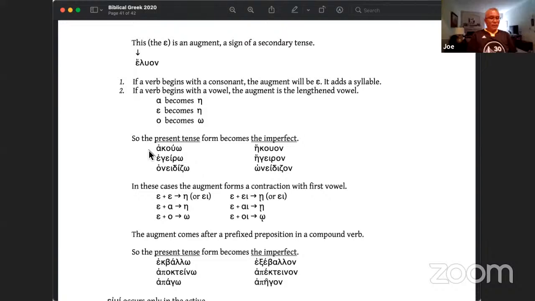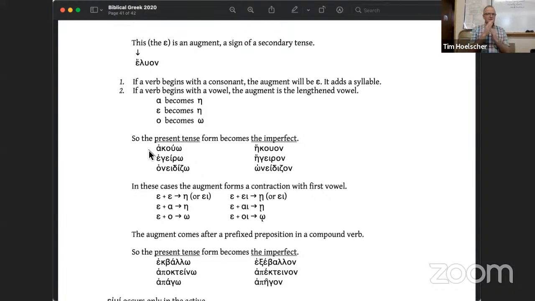Right. The reason it does that is because remember, in a word in Greek, you have as many syllables as you have vowels or diphthongs. If you have a diphthong like egeiro, you have three syllables. You have the epsilon, you have the epsilon iota, which is a diphthong, and then you have the omega. So there are three syllables in there because there are three sets of vowels or diphthongs.